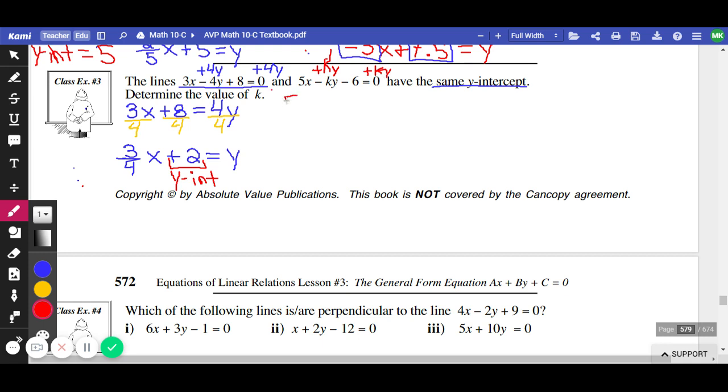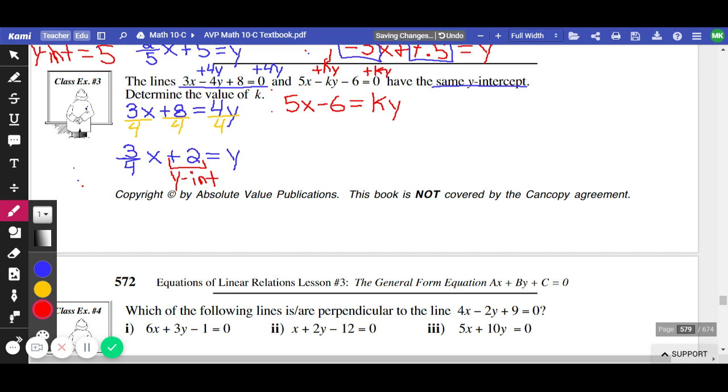That leaves me with 5x minus 6 equals ky. That's not slope-intercept form yet.